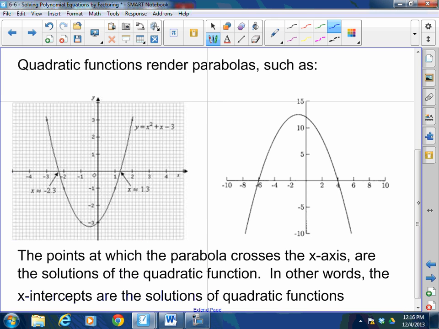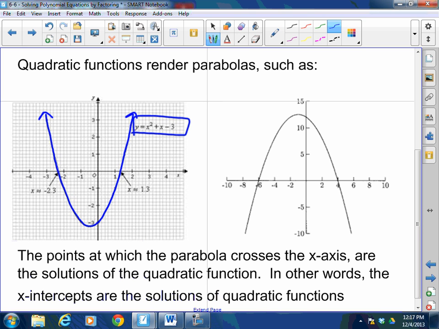I just want to show you the graph so that you can understand what we're doing with factoring. When you have a parabola, like this equation right here, y equals x squared plus x minus 3, if I were to solve this equation, or graph it, I get this shape.